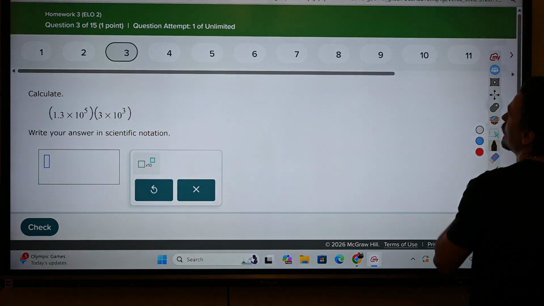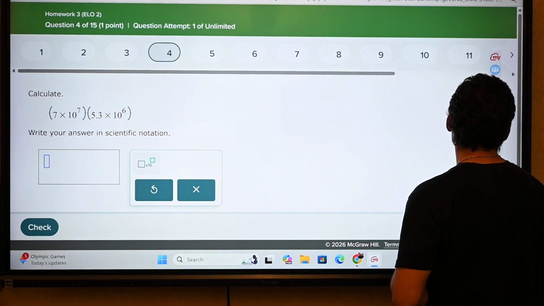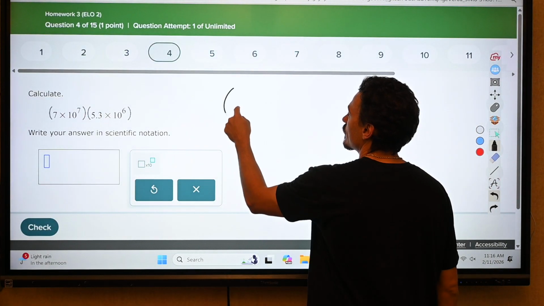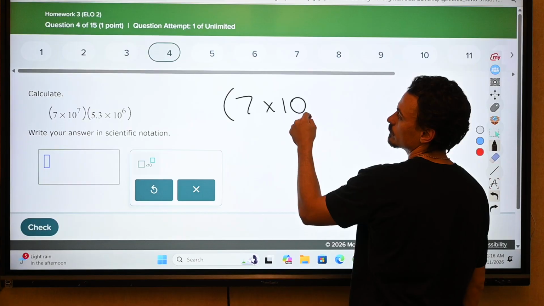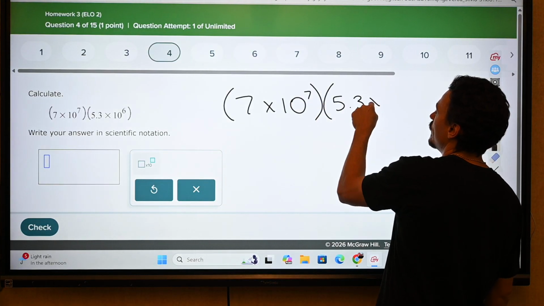Okay, so how does this relate to number 4? A lot of you are getting stuck on number 4, and here's why. The reason you're getting stuck on number 4 is because of the answer you get.